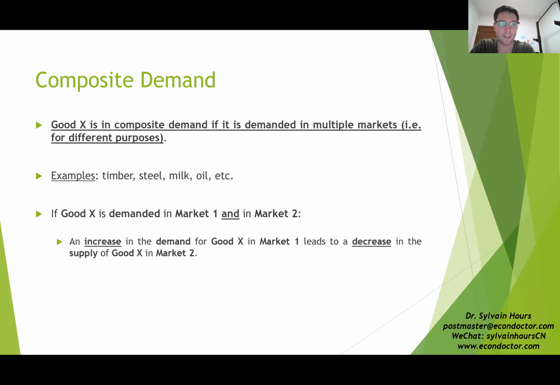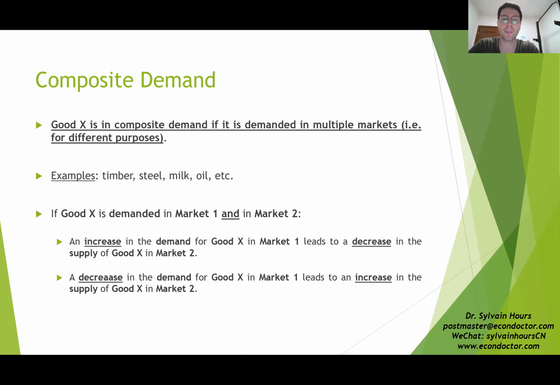I repeat, higher demand for good X in market one, higher equilibrium price, and therefore as a seller, now that the price of your product is relatively higher in market one, you want to sell more of your product in market one rather than in market two, which means that the supply of good X in market two will decrease because you don't really want to sell in market two anymore because the price has become relatively lower.